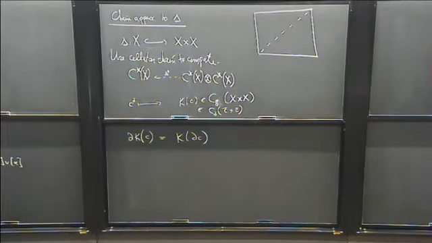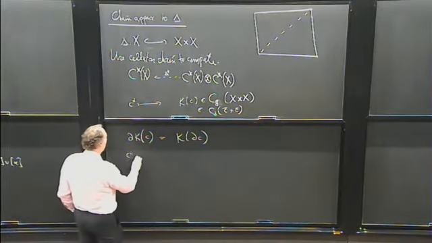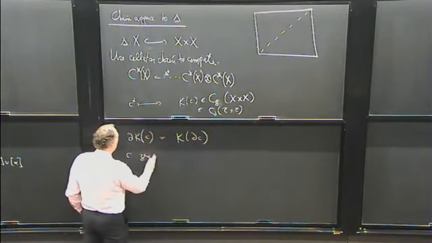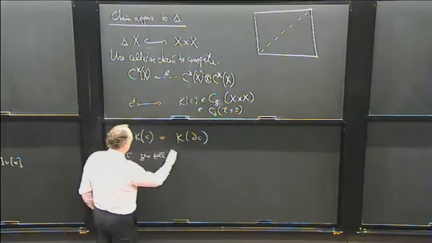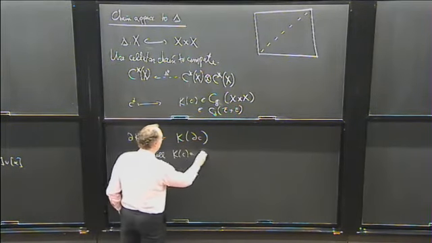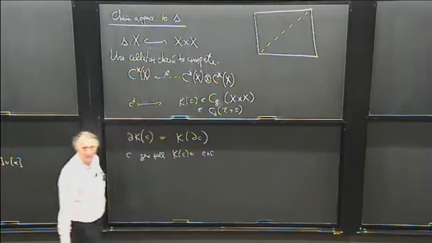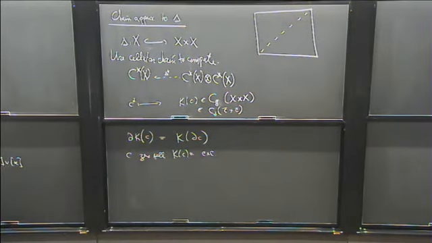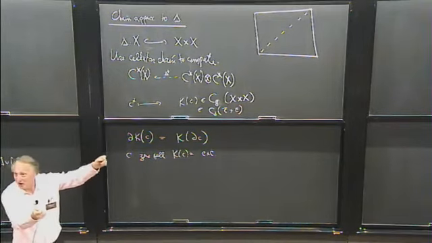Okay, so I want that condition. And I also want that when C is a zero cell, K of C is the obvious thing, C cross C. So I start with the zero cells, and the diagonal maps them to zero cells. So that's a good start.